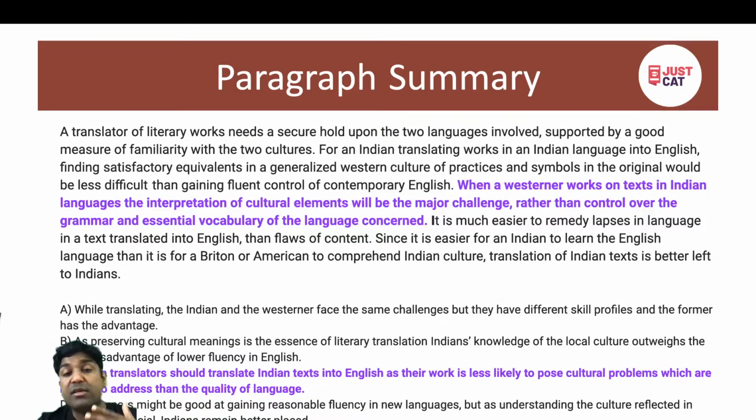So it is saying that preserving cultural meaning is the essence of literary translation.